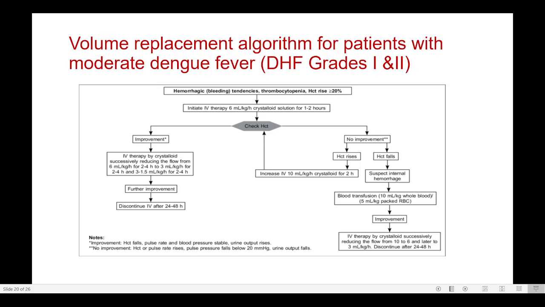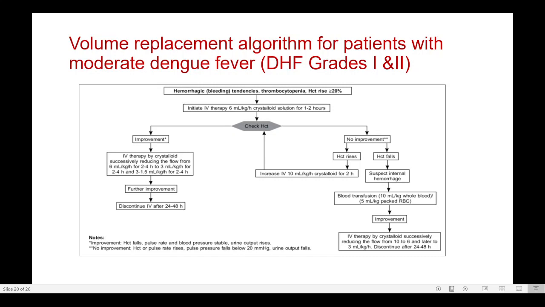Then repeat check hematocrit. If improvement occurs, gradually reduce this IV crystalloid solution from 6 milliliter per kg per hour to 3 milliliter per kg per hour to 1.5 milliliter per kg per hour for 2 to 4 hours. If further improvement occurs, discontinue IV fluid in 24 to 48 hours.